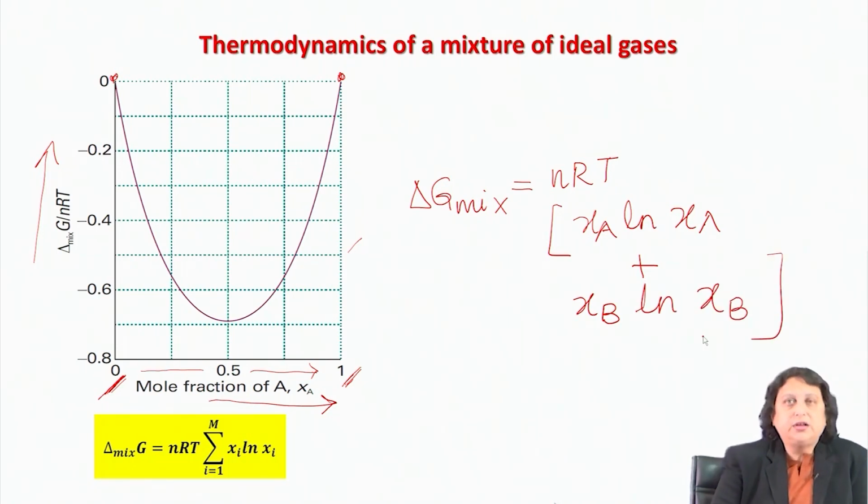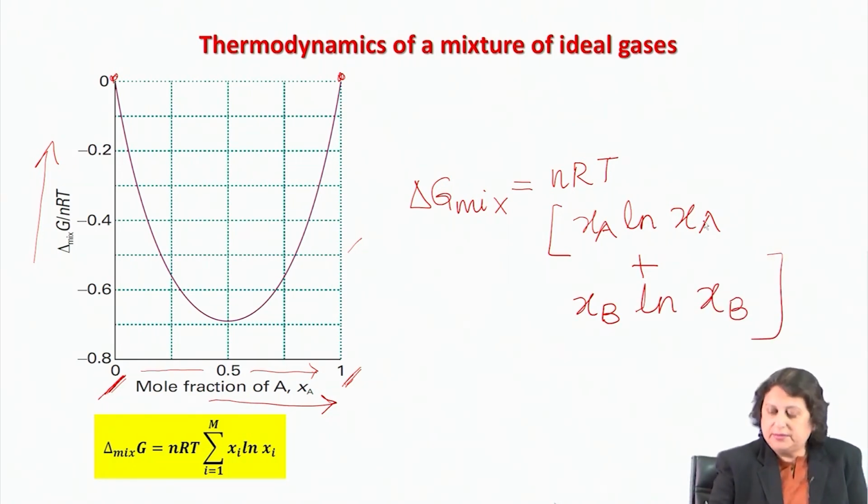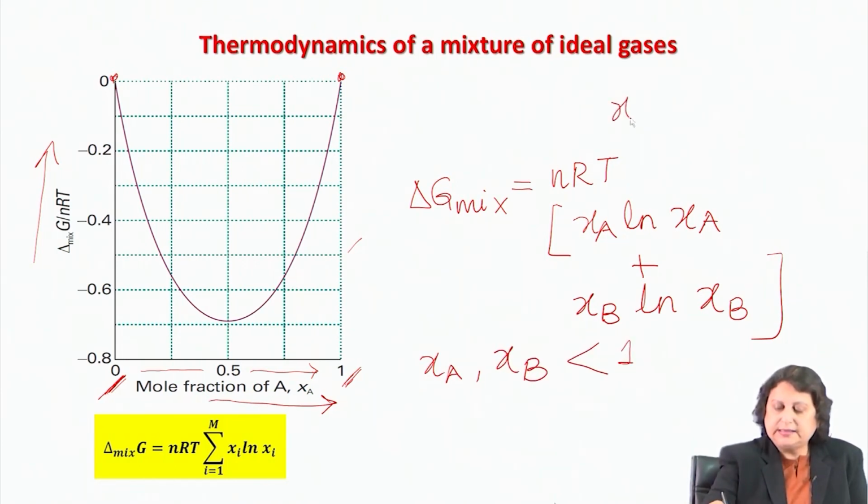Now, for any given composition of this mixture, Xa and Xb are both less than 1, because Xa plus Xb by definition is equal to 1.